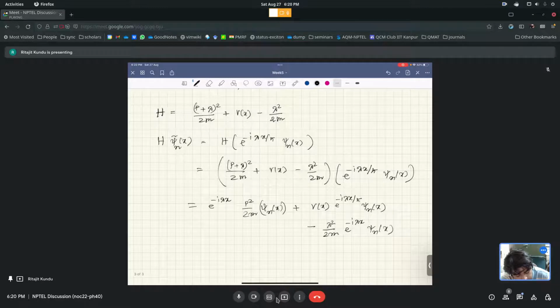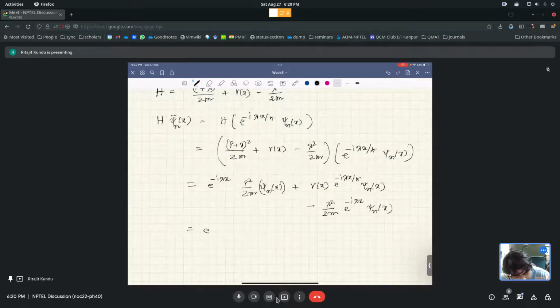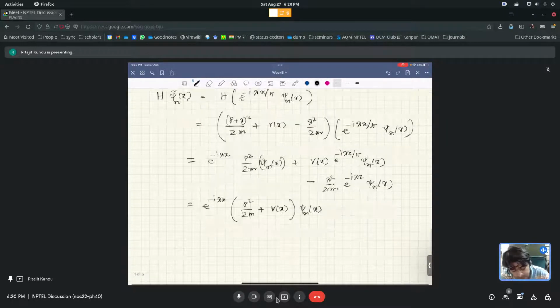Let me take these phases out, then it becomes p square by 2m plus V of x acting on psi n of x. Now this thing is nothing but my H naught. H naught psi n of x, we already knew from the eigenvalue equation, is just E n psi n of x.